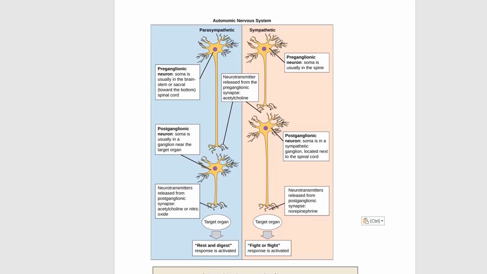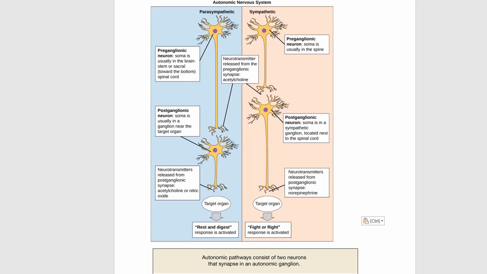So the way to remember: parasympathetic uses acetylcholine both before and after, whereas the sympathetic uses acetylcholine before and norepinephrine, or noradrenaline, afterwards.